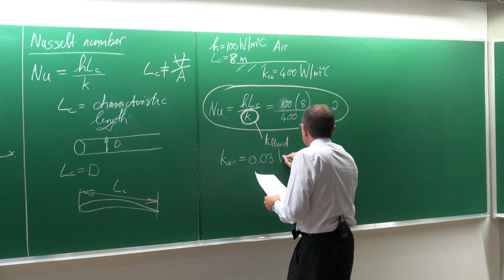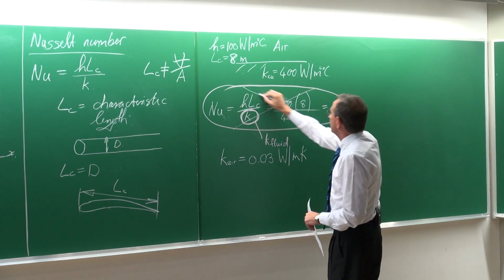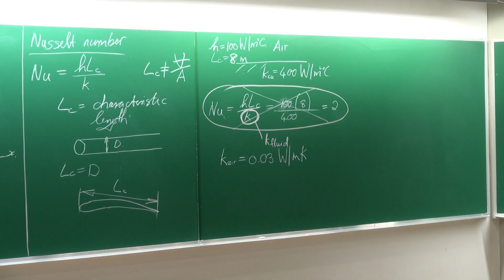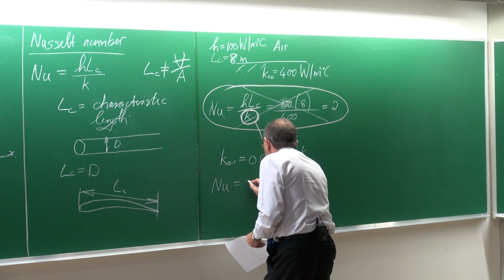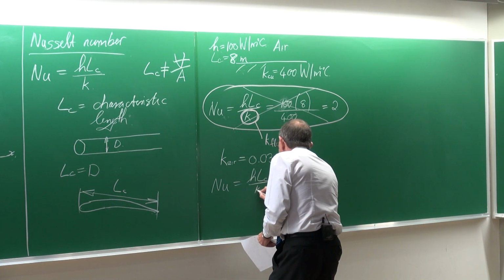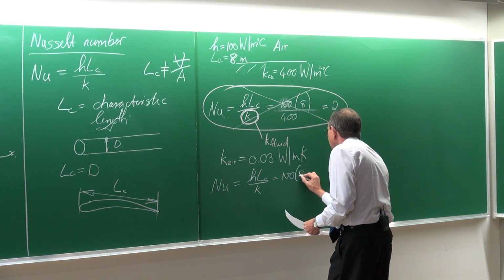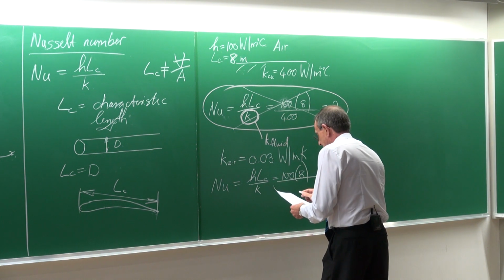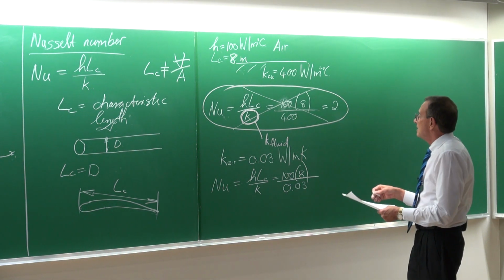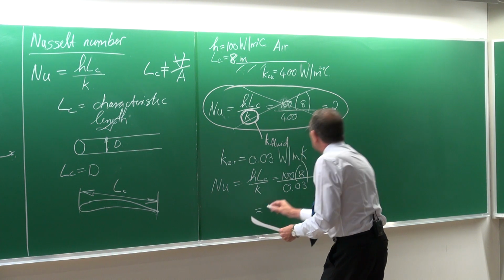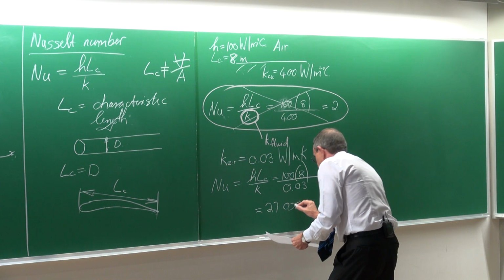However, I know from experience, many of you will use the K value of the solid, which means that the Nusselt number is actually equal to, again, h Lc divided by K. The heat transfer coefficient is 100, the characteristic length is 8, and the thermal conductivity of air is equal to 0.03. So the Nusselt number is not equal to 2, but it is actually equal to 27,000.